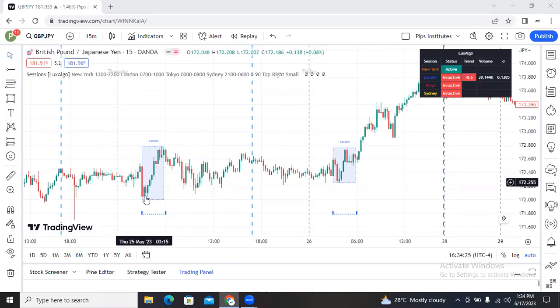It even forms the low of the day, then it forms the high of the day. Actually, it was moving in an uptrend. Then we come back here, and then we begin to see a move up. Seeing this move up, this was an uptrend.